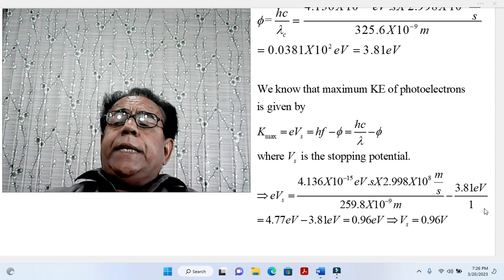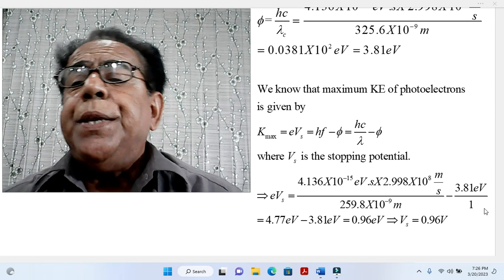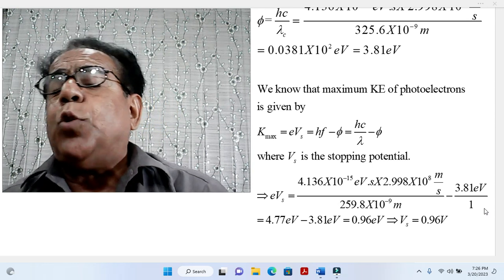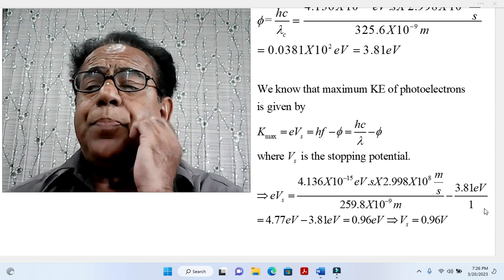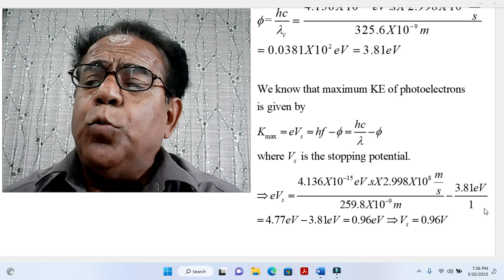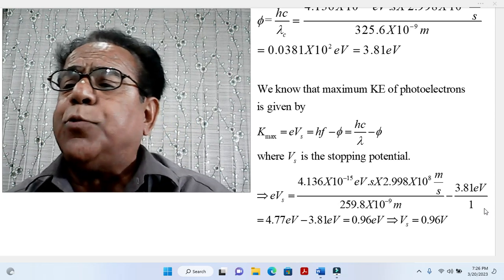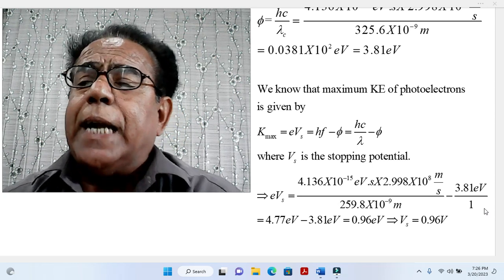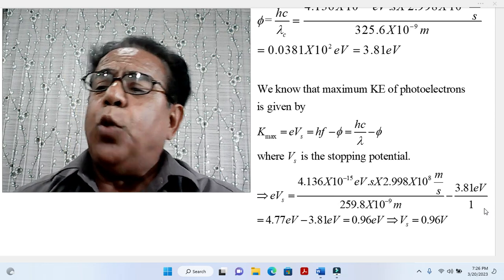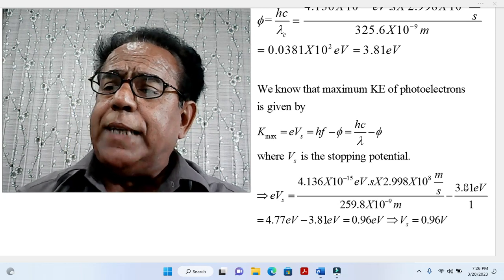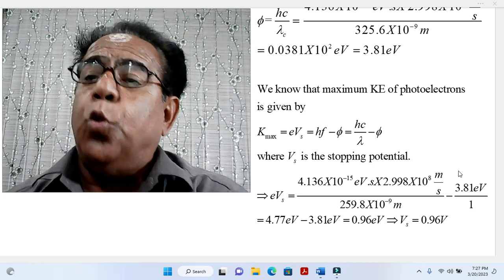This is equal to e into Vs, but we have to find simply Vs. So e will be shifted to the other side of equality, where it becomes the denominator. Then e will be cancelled out with e, and we will get Vs equal to 0.96 volt.